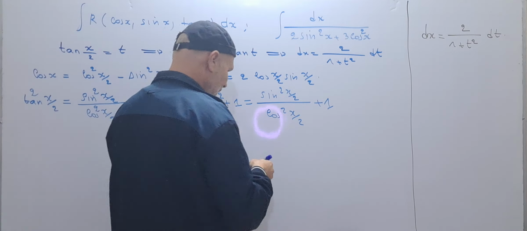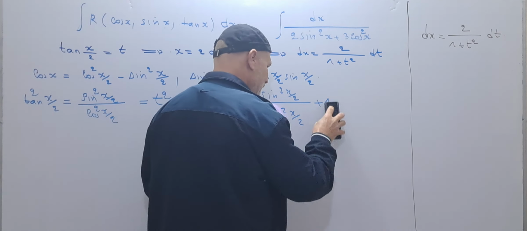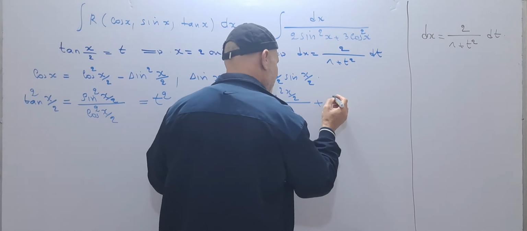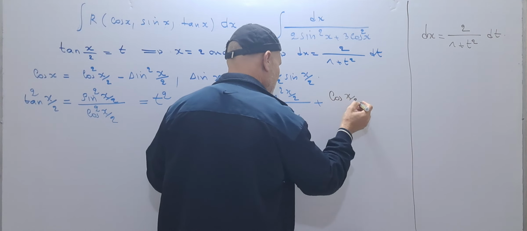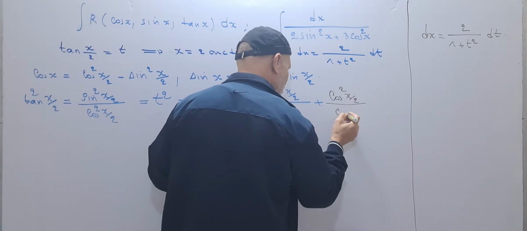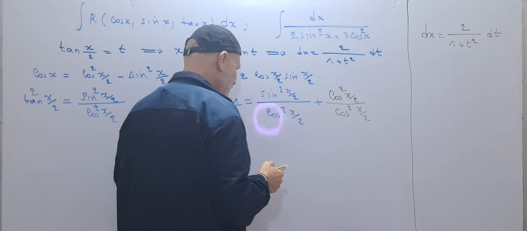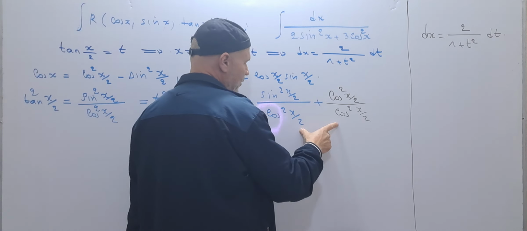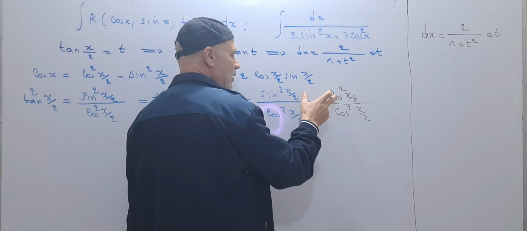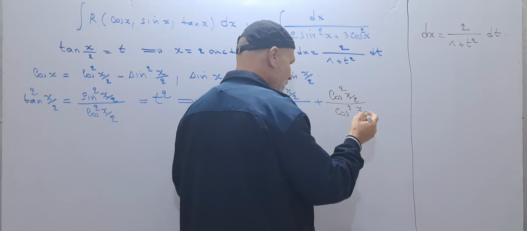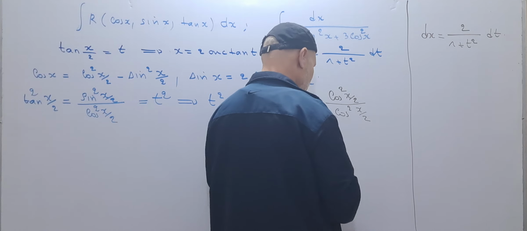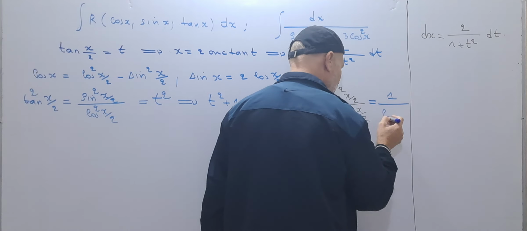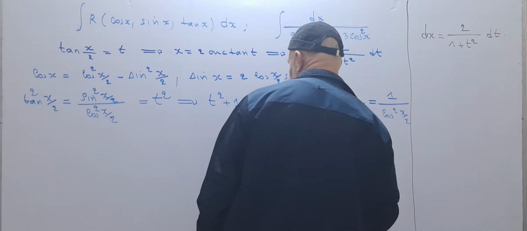We write the 1 as cosine square x over 2 over cosine square x over 2. We have the same denominator, and sine square and cosine square in the numerator give us 1, so this gives us 1 over cosine square x over 2.